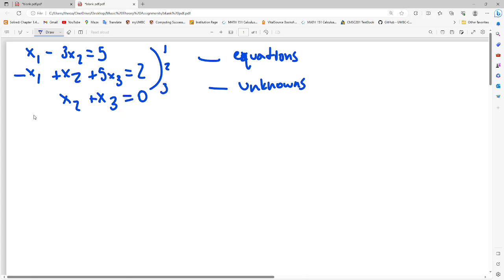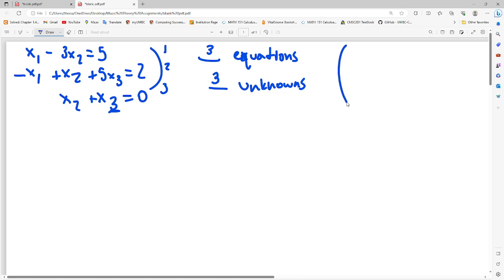How many unknowns is how many columns there are, or the highest number associated with x. So we can tell there are 3 equations with 3 unknowns. What we're going to want to do is convert this from an equation to a matrix. A matrix isn't that much different from what we're doing right here. It's just we're going to get rid of all the variables.